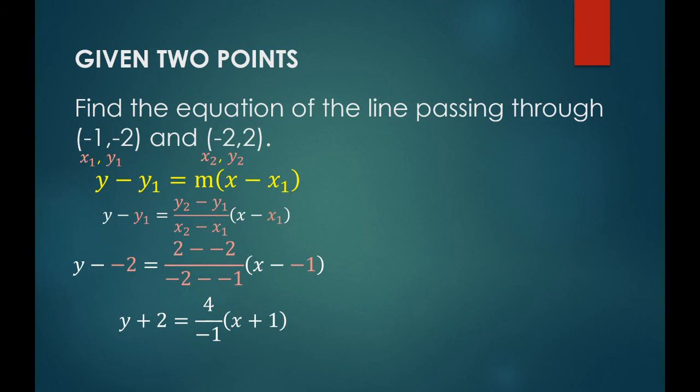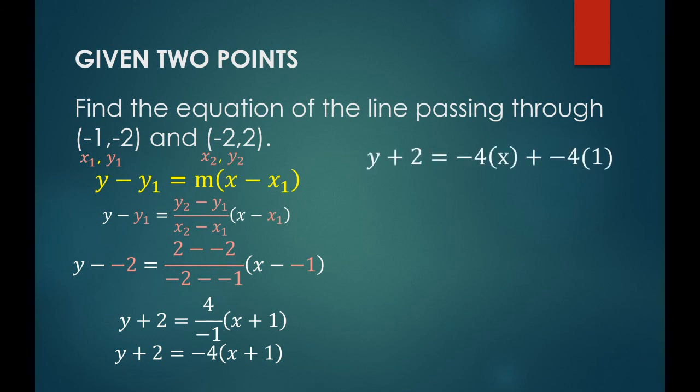And then negative 2 plus 1, negative 1. x plus 1. Now, we have y plus 2 is equal to negative 4 times x plus 1. y plus 2 is equal to negative 4 times x plus negative 4 times 1. So, y plus 2 is equal to negative 4x minus 4.